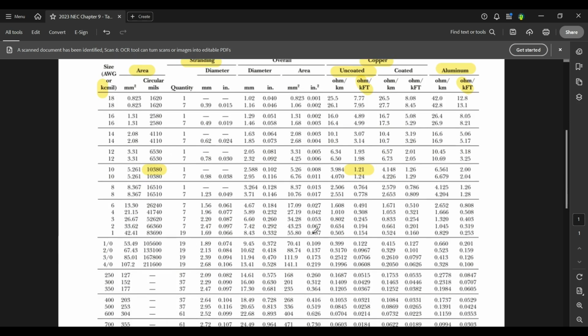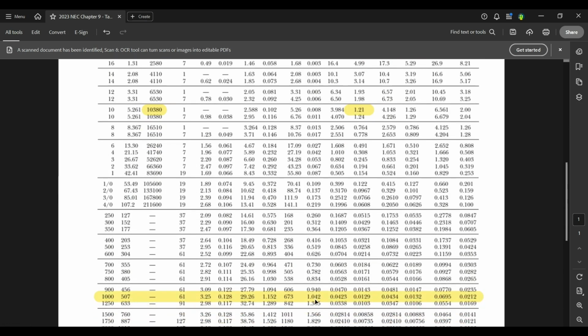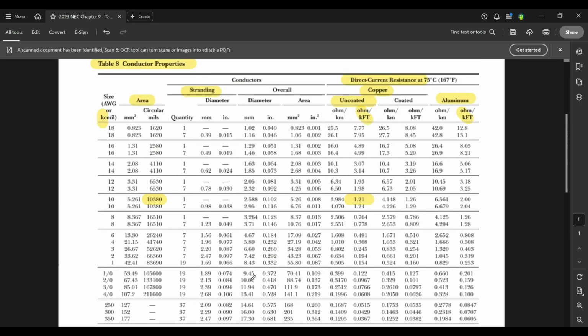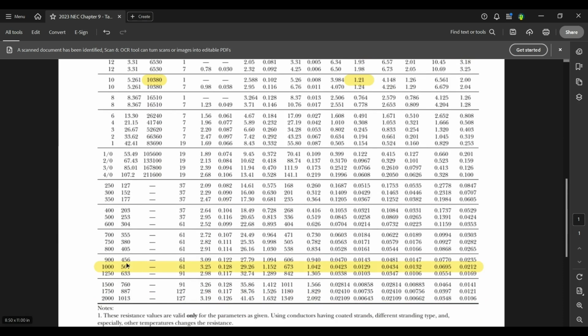So the K factor is baked into all of these numbers already. That's how we can do the math to find out what the K factor is if we forget it. The easiest one would obviously be for 1,000 kcmil and not just 1,000 mil. So it should be 12.9.